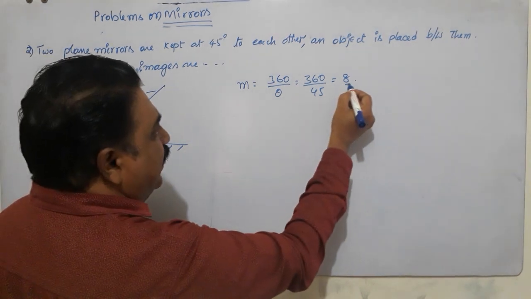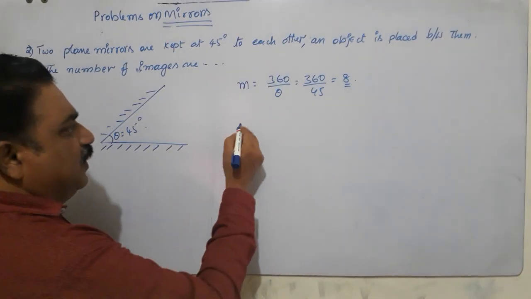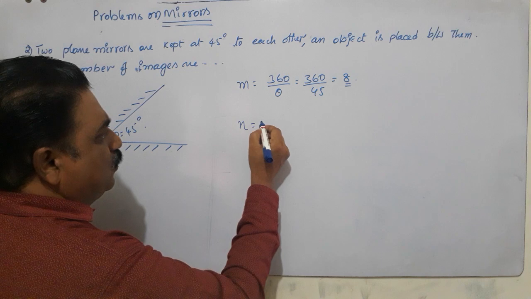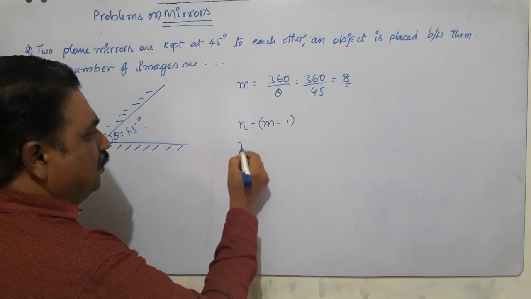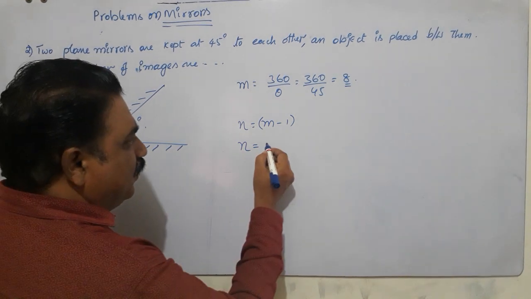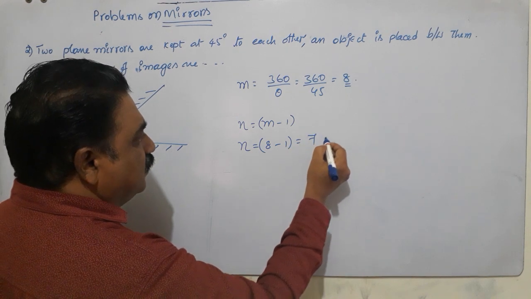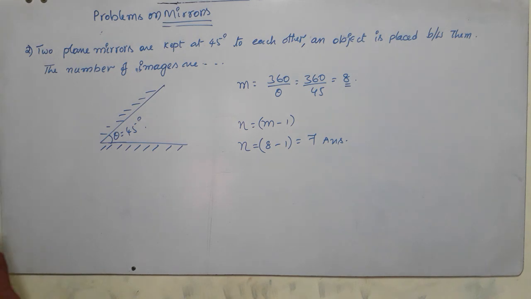If m is an even number, for all positions the number of images is n equals m minus 1. So in this case the number of images is 8 minus 1, equal to 7. 7 is the answer for this question.